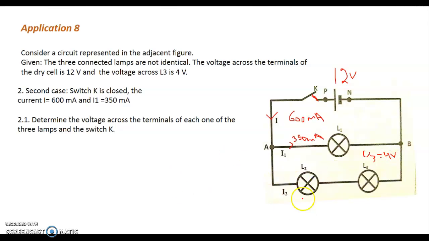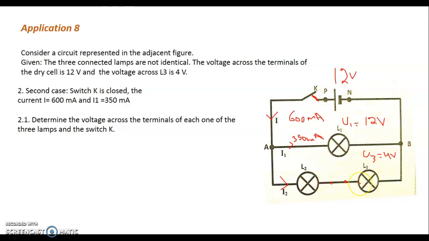Now we want to find U2. So far we found U1 to be equal to 12 volts, and U3 is given, so we still have to find U2. You can see that L2 and L3 are traversed by the same current, and one terminal of L2 is connected to one terminal of L3, while the other is not connected directly to it.